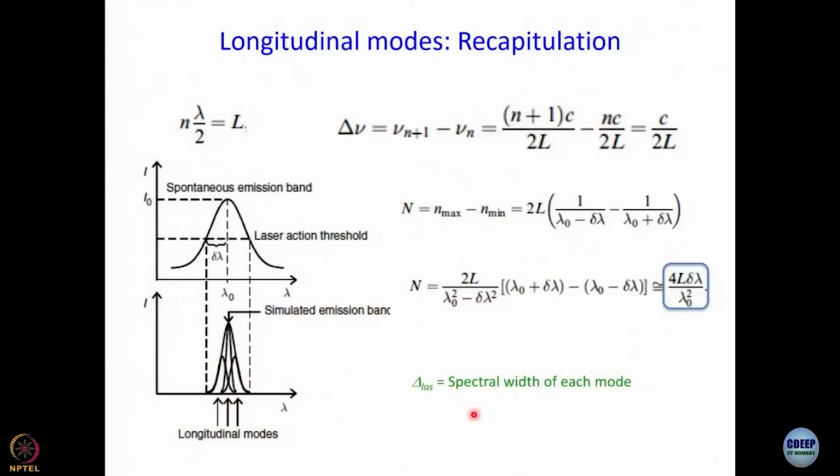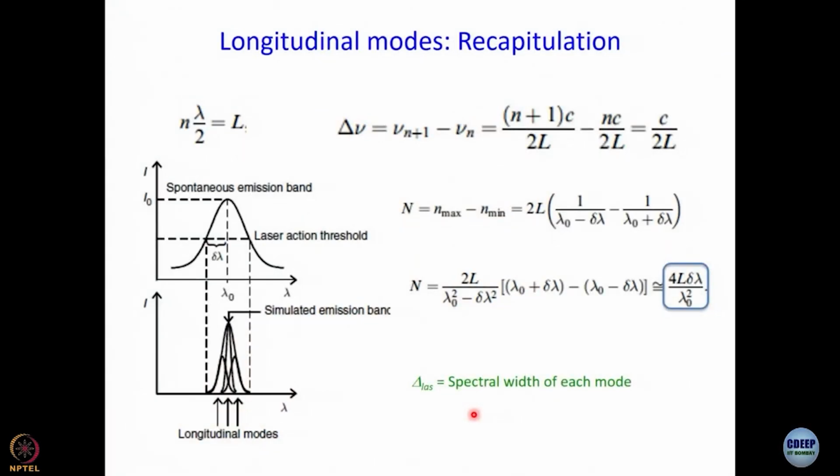So, since that uncertainty is limited, you will have some uncertainty in energy also. You cannot have delta E almost equal to 0. Speaking very qualitatively, that is why it is called lifetime broadening. So, some broadening will be there. It is important to recognize that each longitudinal mode also has a spectrum that is not a delta function.